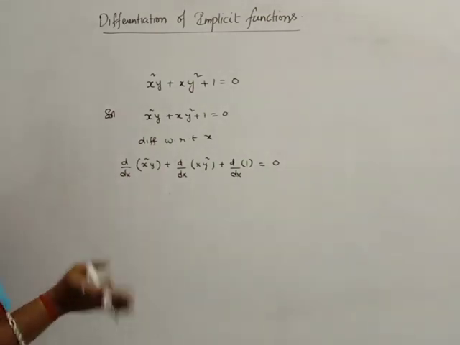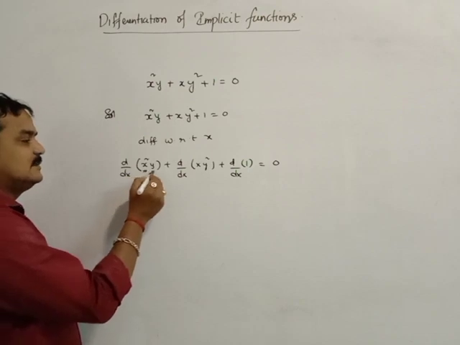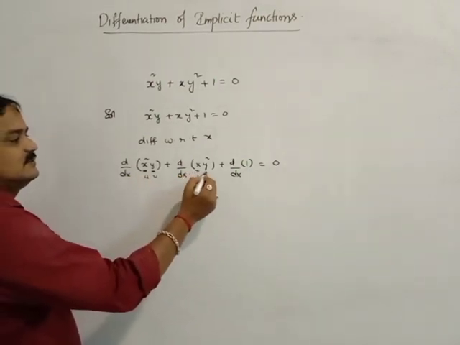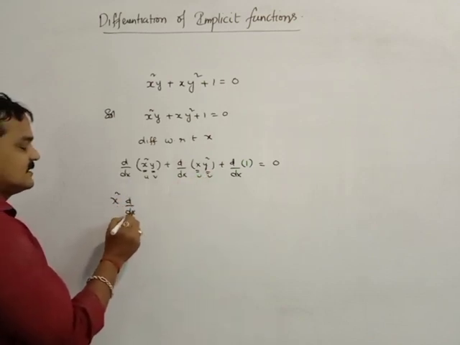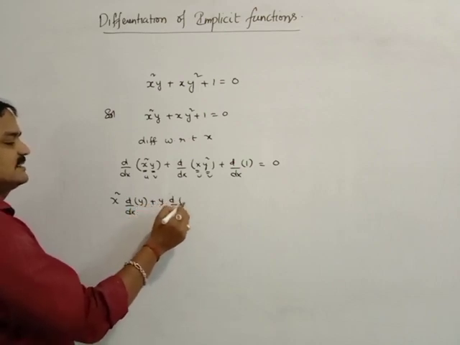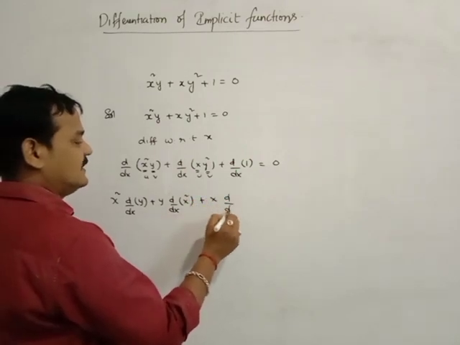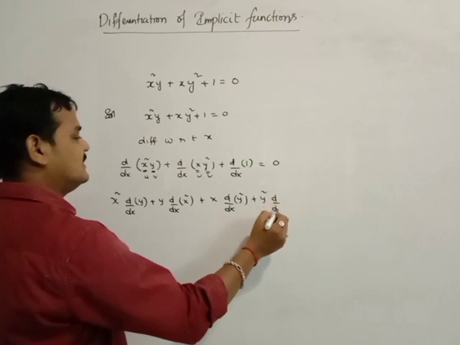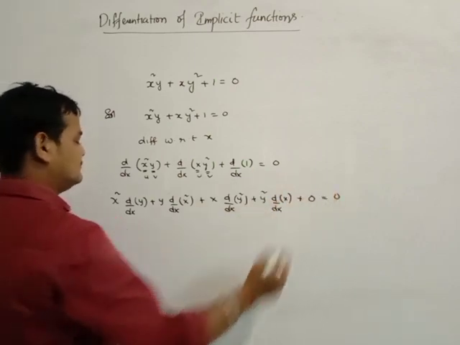Just before, I said that here you treat y also as one of the functions, so it will be the uv formula. Again here also uv. So x square into d by dx of y plus y into d by dx of x square plus x into d by dx of y square plus y square into d by dx of x plus the constant's derivative, 0, is equal to 0.